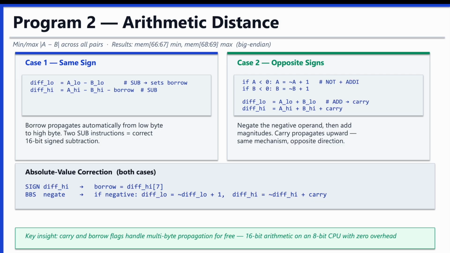So this would be the standard framework if you're subtracting two numbers that are both positive. What makes this kind of tricky is that our pairs might be signed as well.